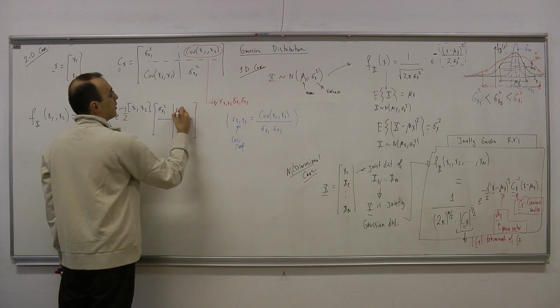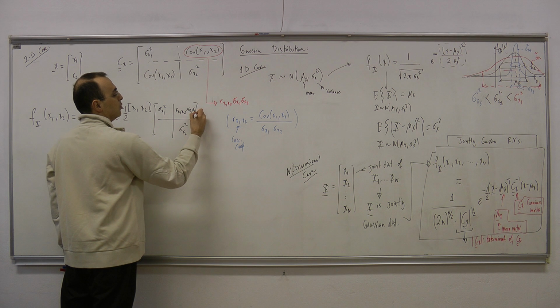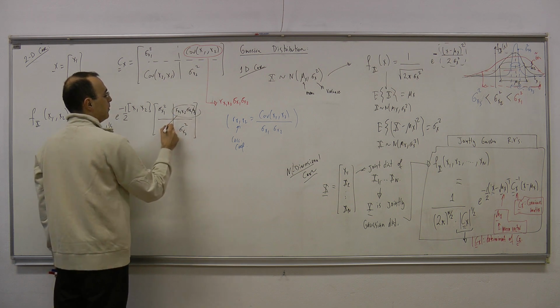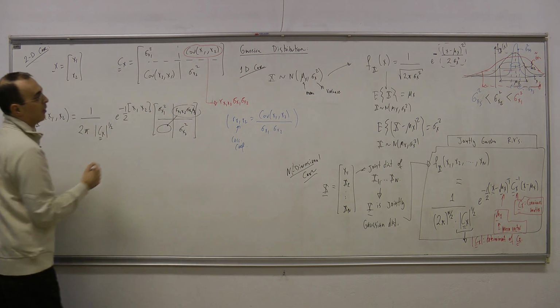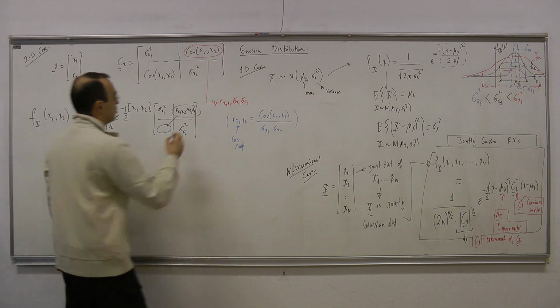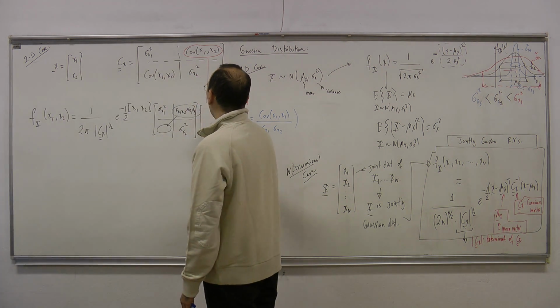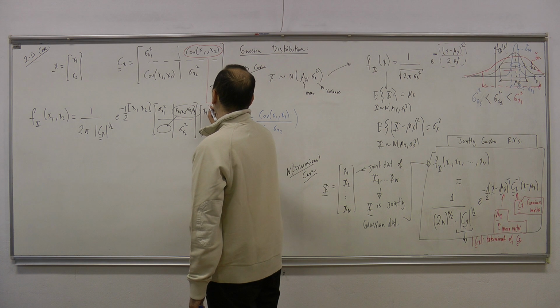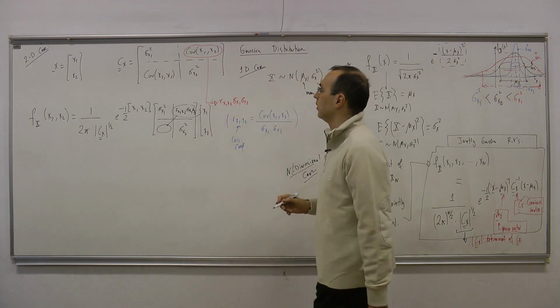So this is r x1, x2, sigma x1, sigma x2. And I have the same number over here because it's a symmetric or Hermitian symmetric matrix, as you see. Since I'm talking about real quantities, so it's just symmetric. So I have something like that.